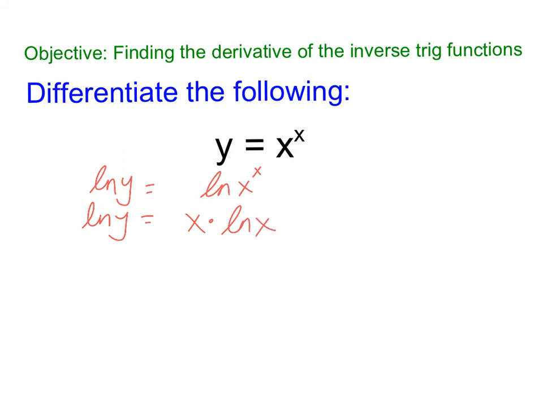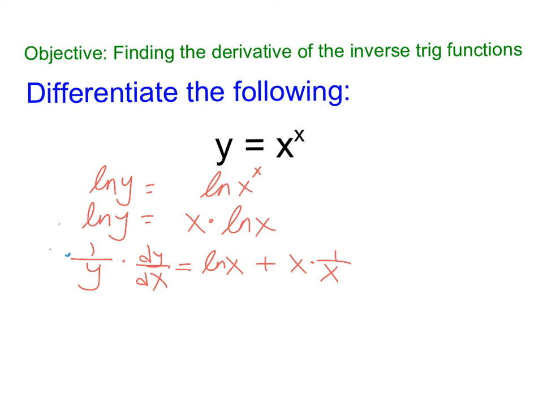So now I'm going to take the derivative. What's the derivative of ln of y? 1 over y dy dx equals, it's a product rule, derivative of the first times the second plus the first derivative of the second. And now I'm trying to figure out dy dx. So we're going to multiply by y.